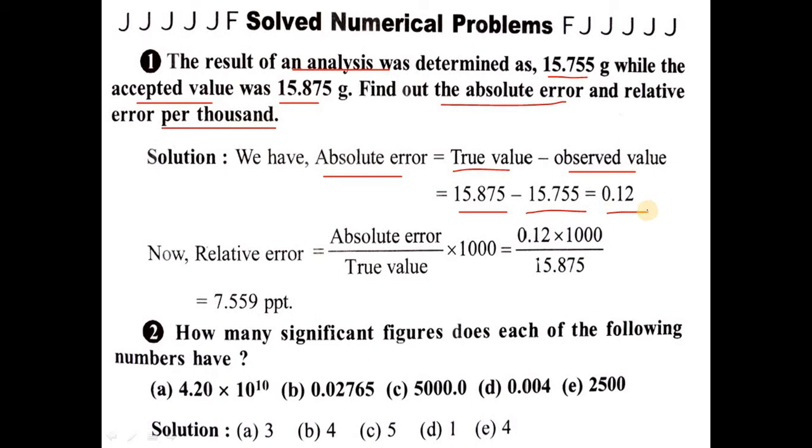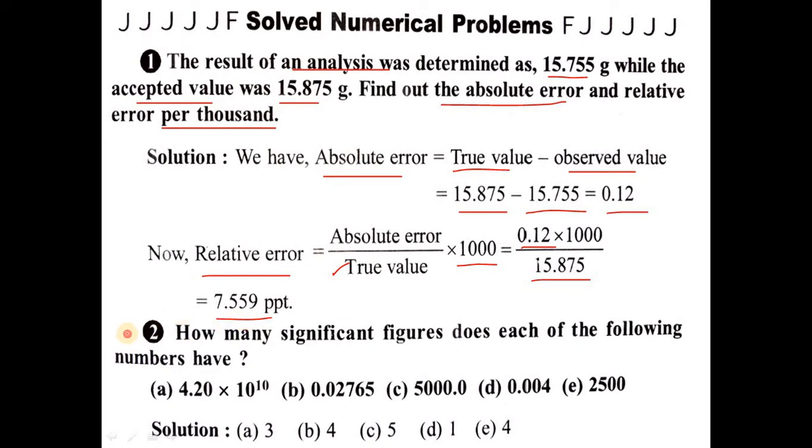So this is the absolute error, and relative error is equal to absolute error divided by true value into 1000. So when we put this value, 0.12 into 1000 divided by 15.875, the answer is 7.559 ppt. So these are the calculations regarding absolute error and relative error.